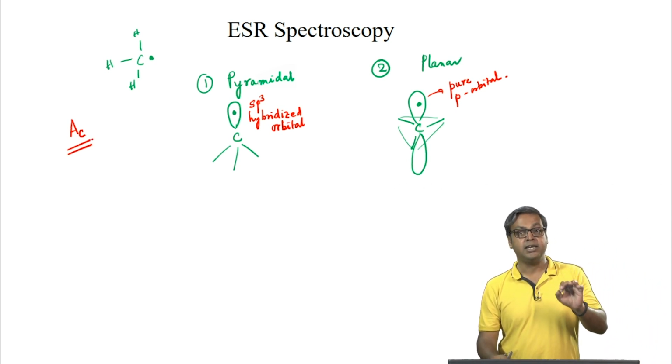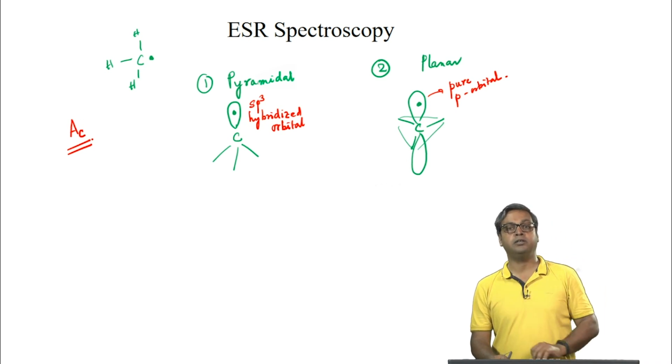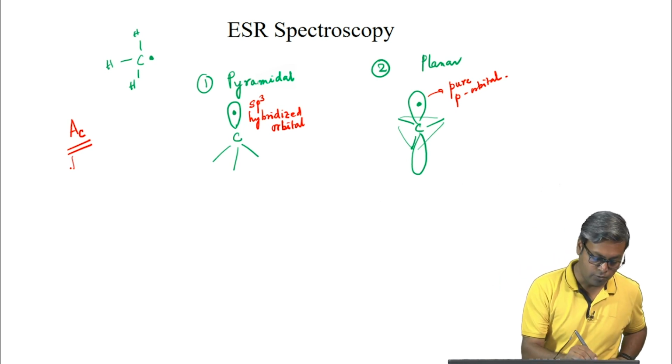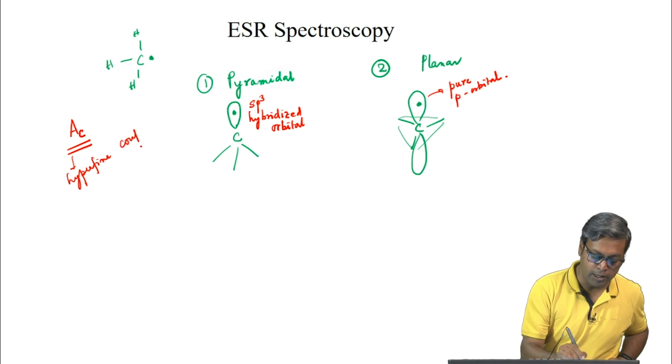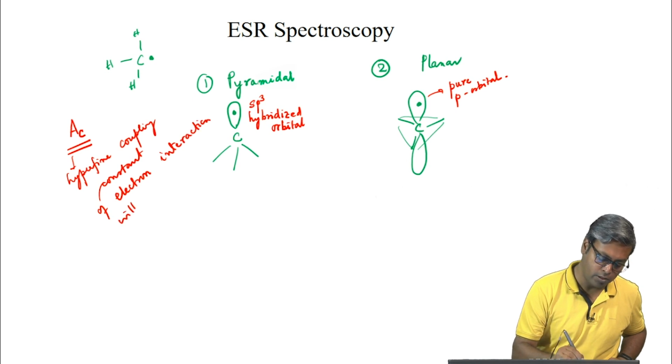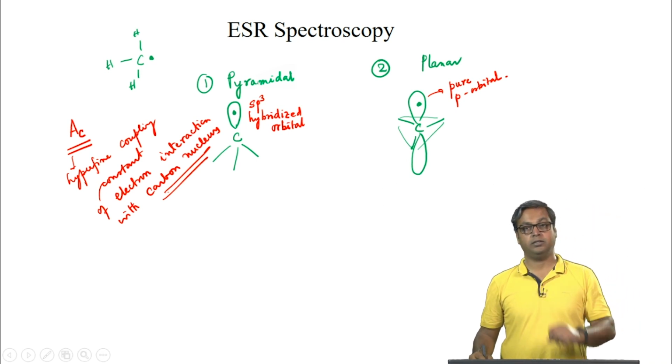That is, A C is the hyperfine coupling constant of the interaction of the electron with the carbon nucleus, or the carbon atom. So, we need to know the value of A C.